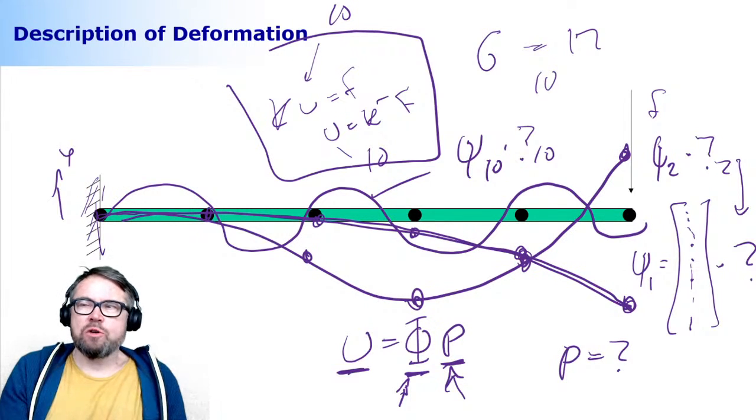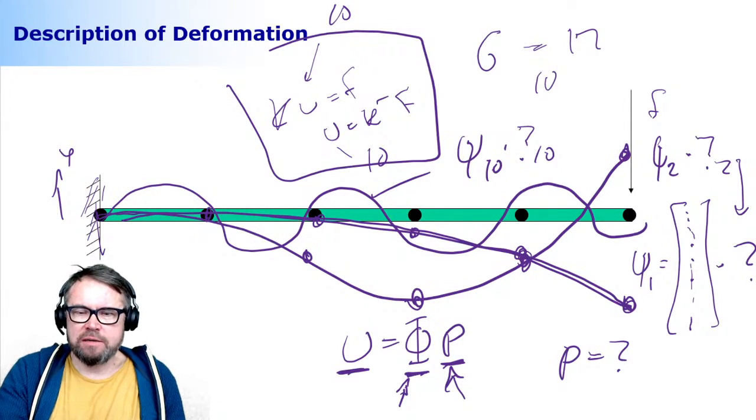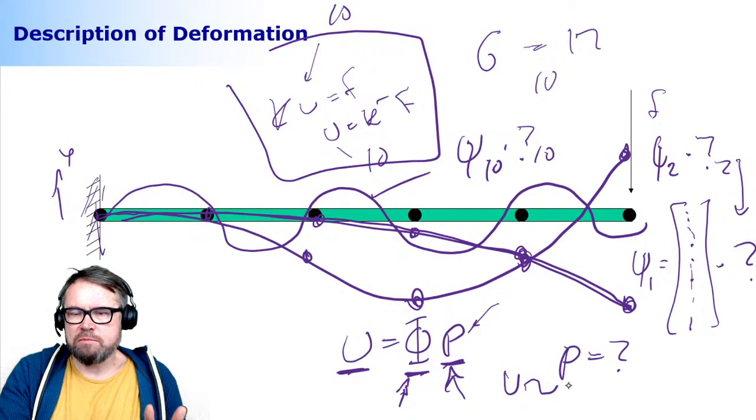Now, as was mentioned also in my slide, what I can do is use not all modal coordinates, but some of them, and I will get an approximate solution. So I can take my first mode, or first way that the structure can deform, multiplied by the first modal coordinate.